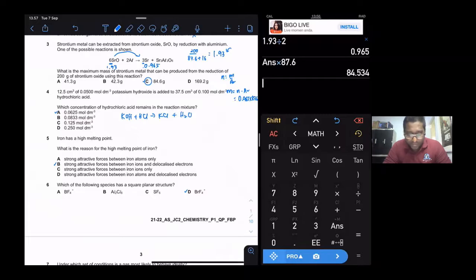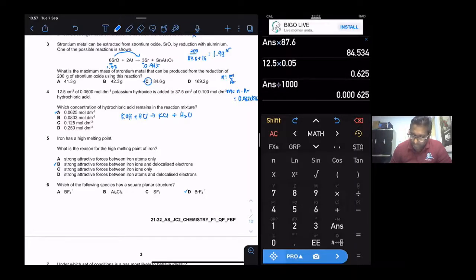I just need to find the number of moles of potassium hydroxide, which is 12.5 times 0.05, then divide by 1000. That's going to be your number of moles.